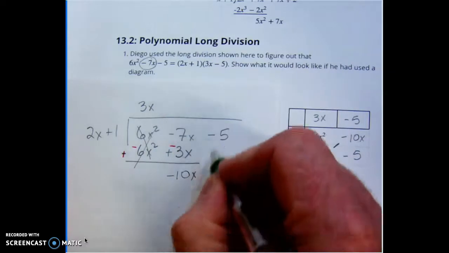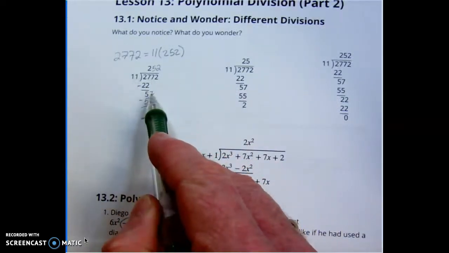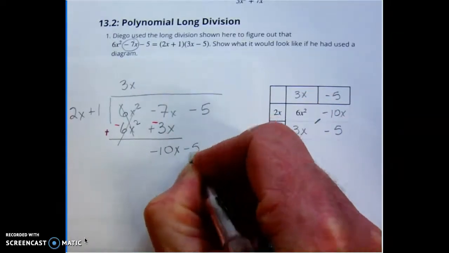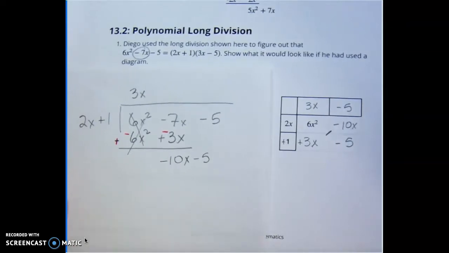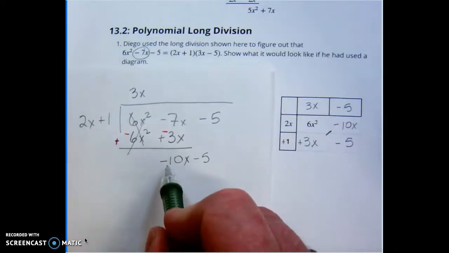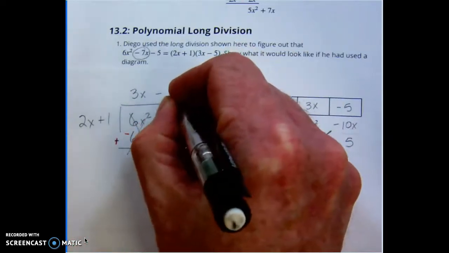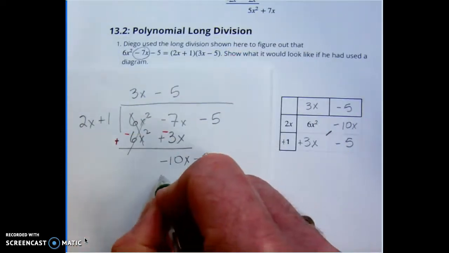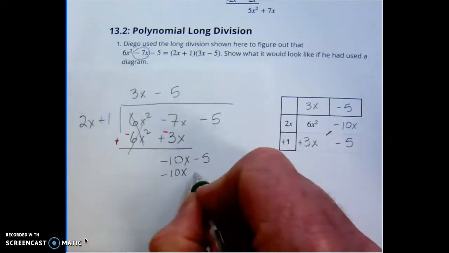So now, just like up here, we brought the 7 down, we're going to do the same thing. We're going to bring the minus 5 down. And then from there, we just repeat the same process over and over again. 2x times what gives us negative 10x? Well, 2 times negative 5 gives us negative 10, and we already got the x. So negative 10x, and then negative 5 times 1 is negative 5.